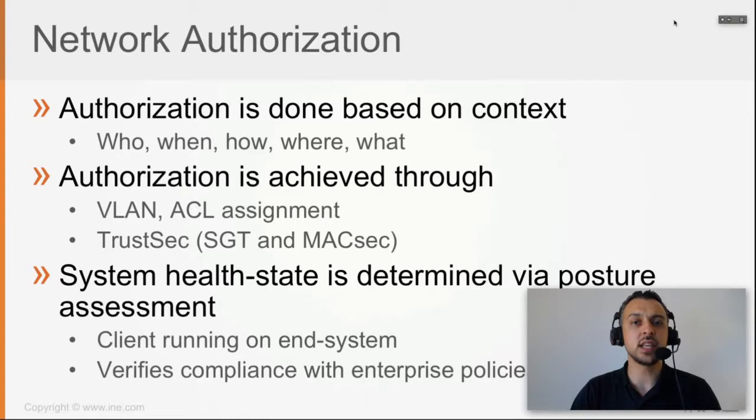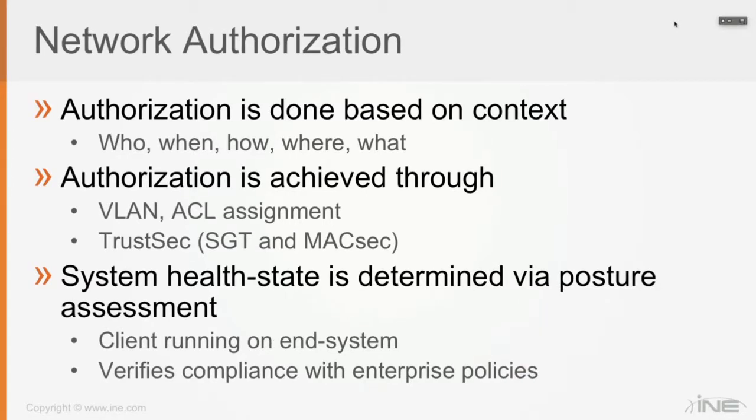If the system is a mobile device, it is going to know the health state of that mobile device by communicating with the MDM platform. So posture assessment means that on the laptops and desktops, we're going to have a client running on that end system which verifies compliance with the enterprise policies. Like I stated, is the firewall turned on? Is the antivirus engine installed and up to date? Is your operating system up to date? Or is the client infected, for example?